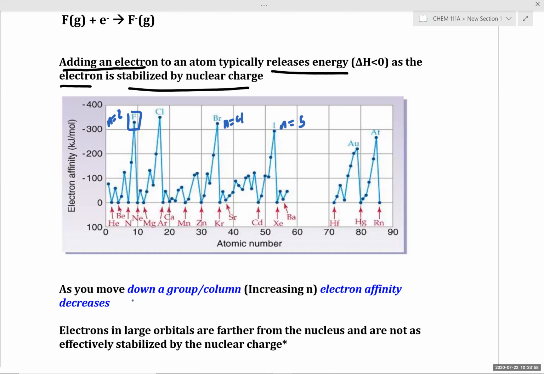Is it increasing or decreasing? Yep, our electron affinity decreases. So as you move down a group or column, electron affinity decreases.